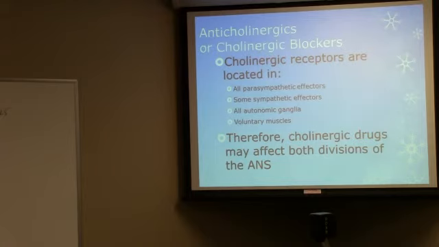So cholinergic receptors are located, as we've already talked about, in lots of places: parasympathetic, some of the sympathetic, autonomic, involuntary. Therefore, cholinergic drugs may affect both divisions, sympathetic and parasympathetic.